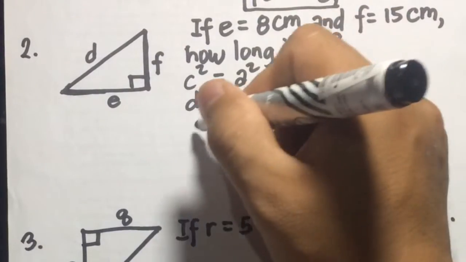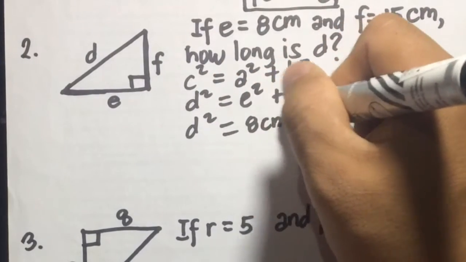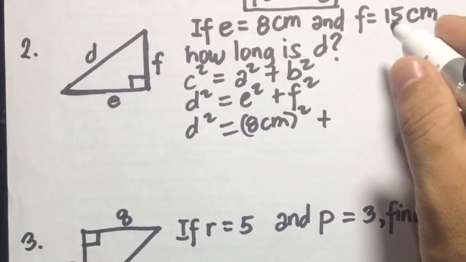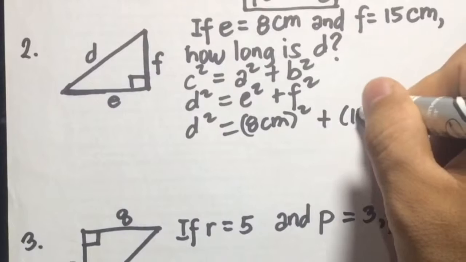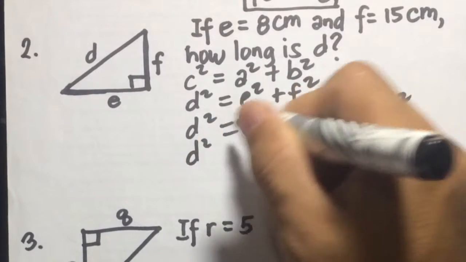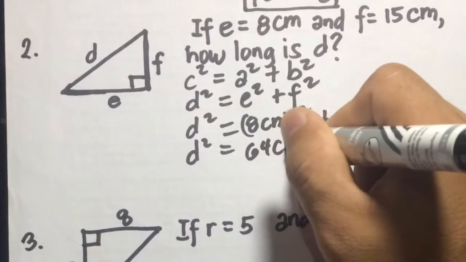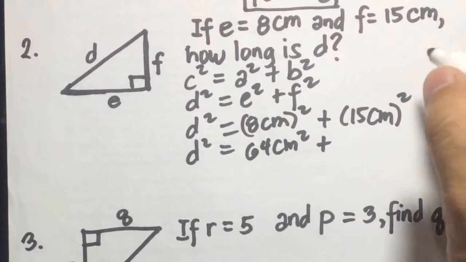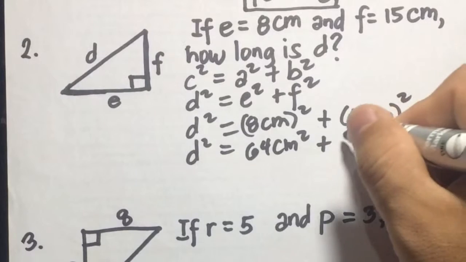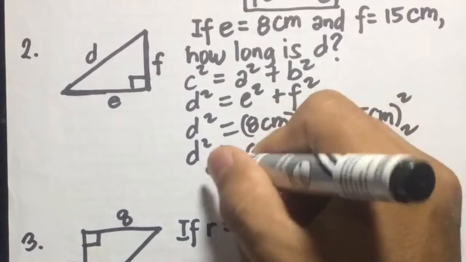So D squared equals E, which is 8, so 8 cm squared, plus F, which is 15, so 15 cm squared. D squared equals 8 cm squared, which is 64 cm squared, plus 15 cm squared, or 15 times 15, that will be 225 cm squared.